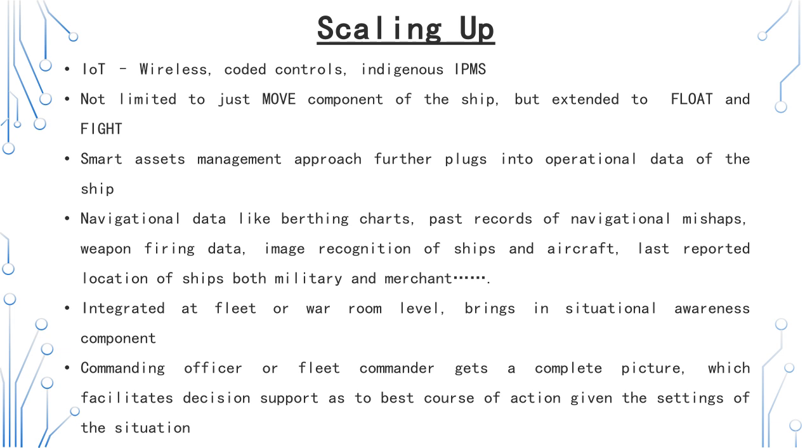They're all gathered together and integrated at fleet and war room levels, which brings the situational awareness component. And the captain or commanding officer of the ship, or the fleet commander who controls the whole fleet, gets a complete picture, which facilitates him about the correct course of action through the decision support system. Otherwise, in the absence of this information, he is only left to himself and his intuition.